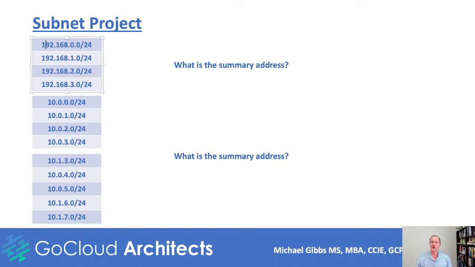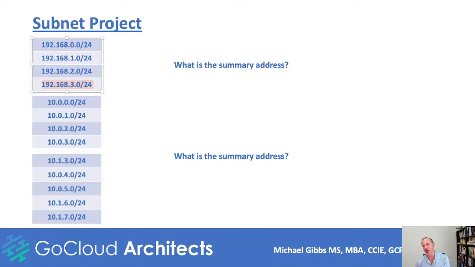So if I were to say 192.168.0.0, 253 or 254 hosts, 192.168.1.0, that's the next subnet up, and that's 254 hosts. And 192.168.2.0, that's 254 more hosts. And 192.168.3.0, that's 254.